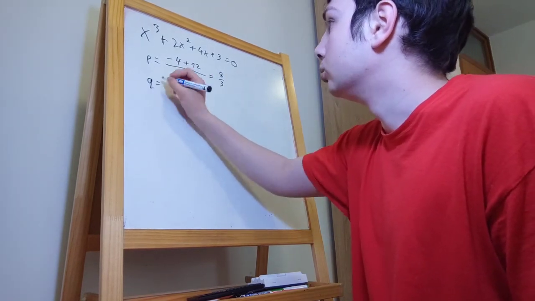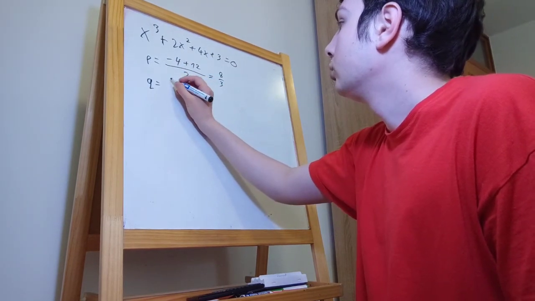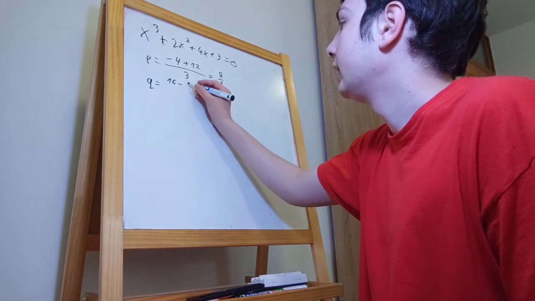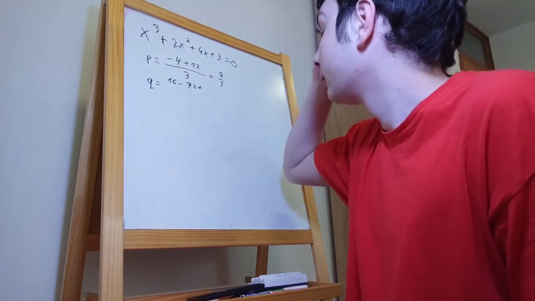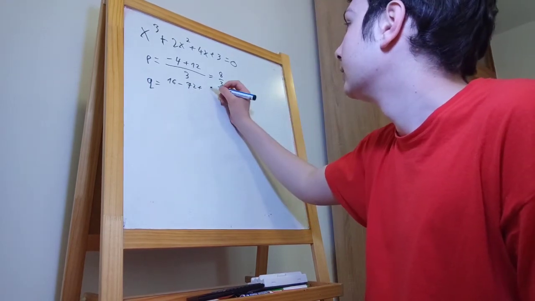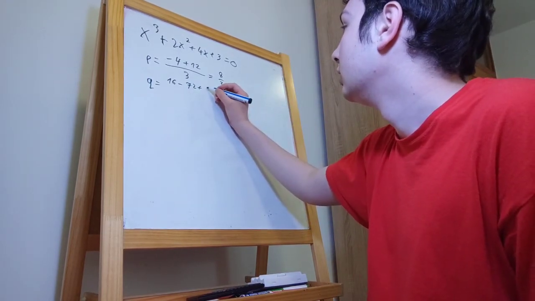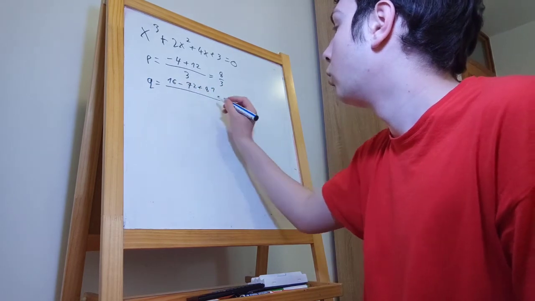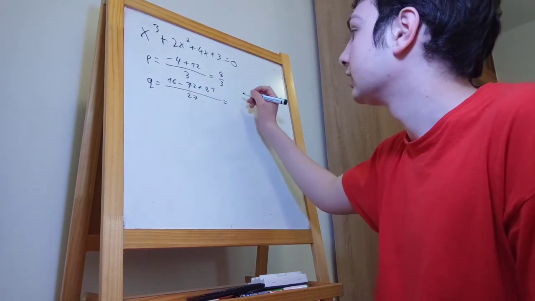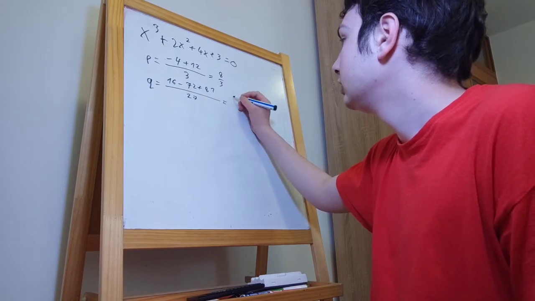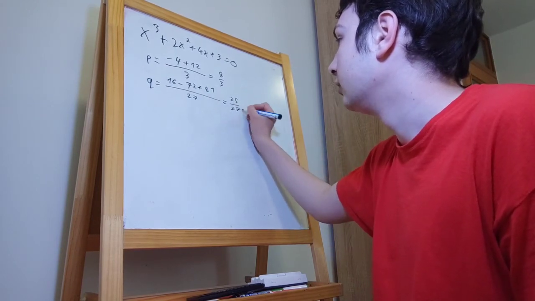Q equal to 2b cubed, that's 16, minus 9abc, 72, plus 27a squared d, that's 81, all over 27a cubed, that's 27, that gives us 9 plus 16, 25 over 27.